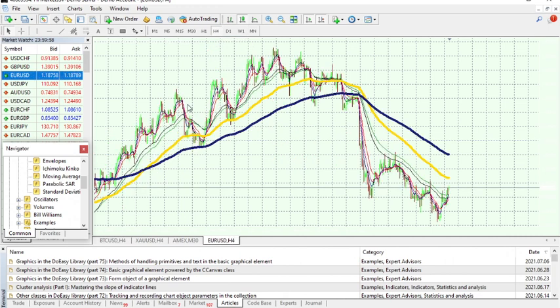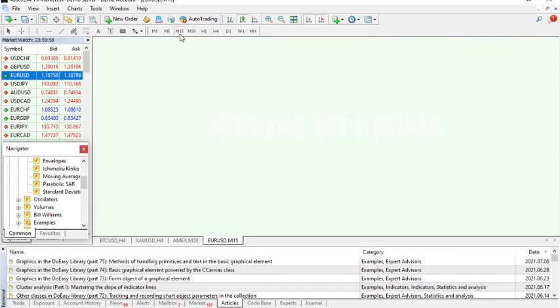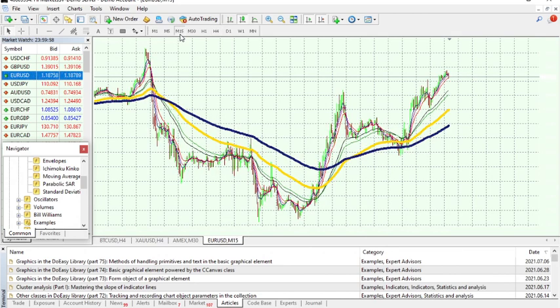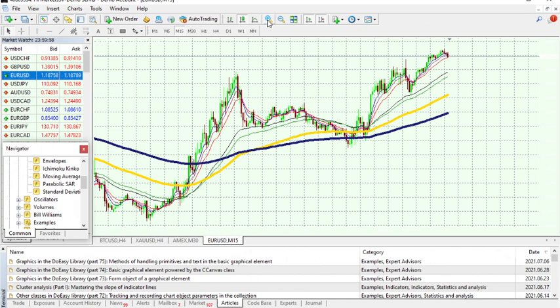On the smaller time frame, which is the 15 minutes for scalpers, the best ones to use are the 9, 14, and the smaller 6 moving averages, in the sense that when the smaller moving averages, the 14, the 9, the 6 cross above the 40 and 50 moving average, you buy.